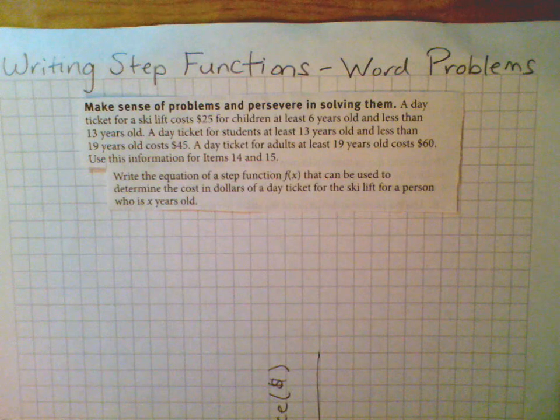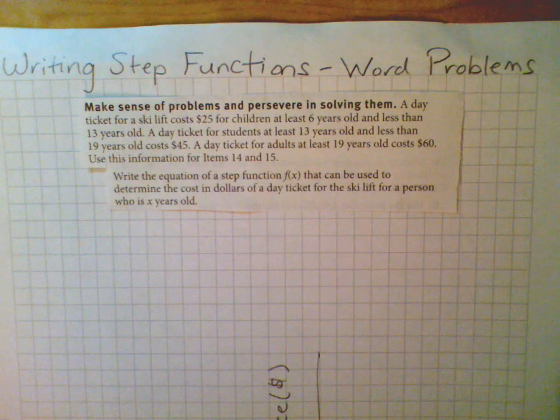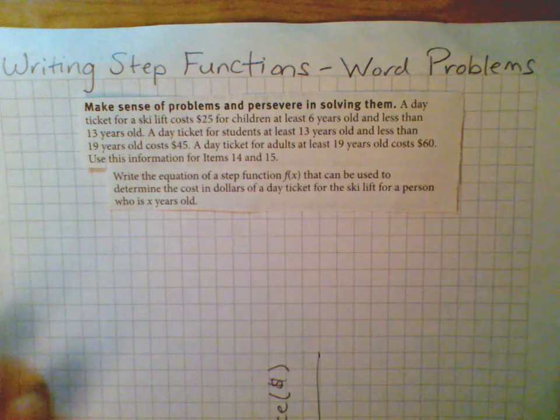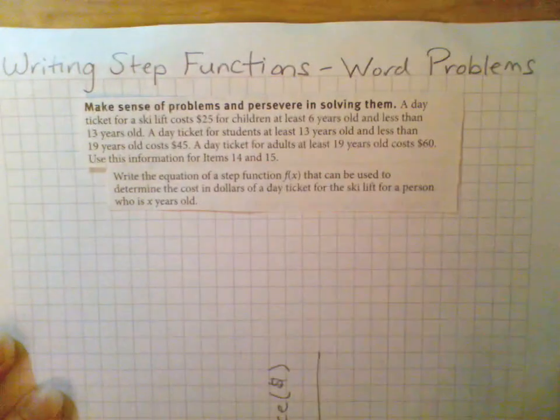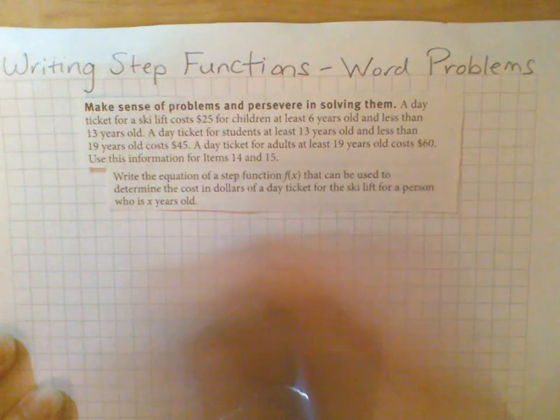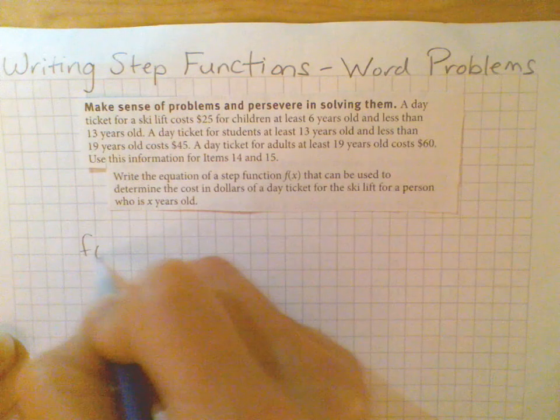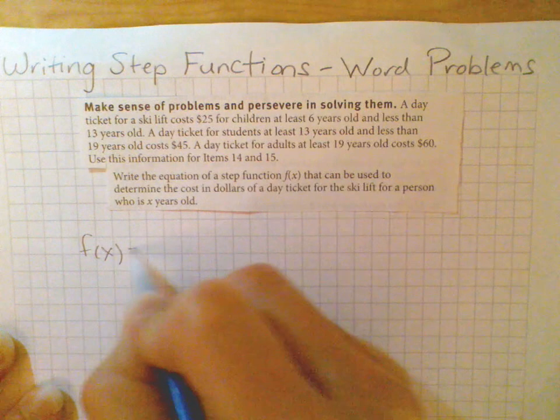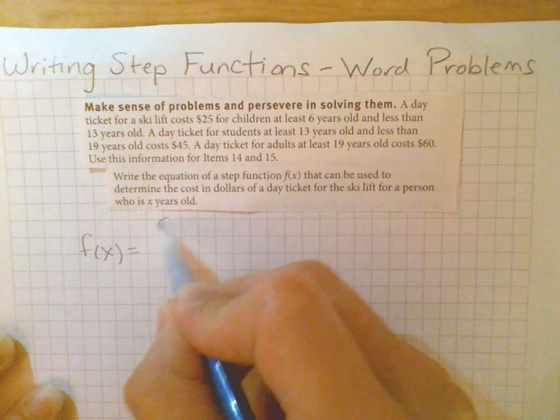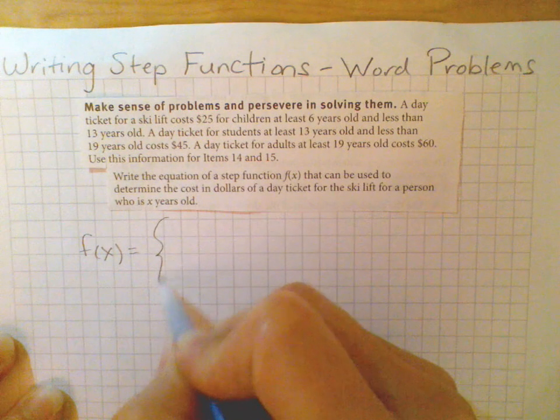So the first part says it's $25 for children at least 6 years old and less than 13. So I'm going to start mine with my function. So f of x. I'm going to do my bracket here.